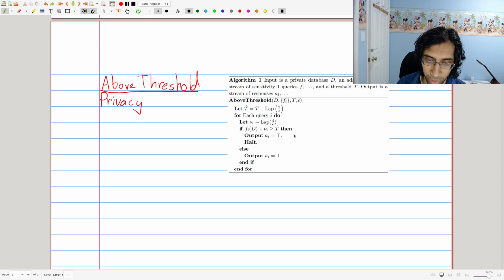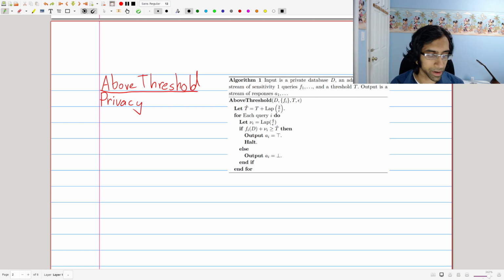So it goes until it finds the first large query, and then stops. Otherwise, if it's below the threshold, then we output this other symbol called bot. In this case it doesn't halt, it just keeps going until it eventually gets to something which is above the threshold. So that's the algorithm. It's very simple.